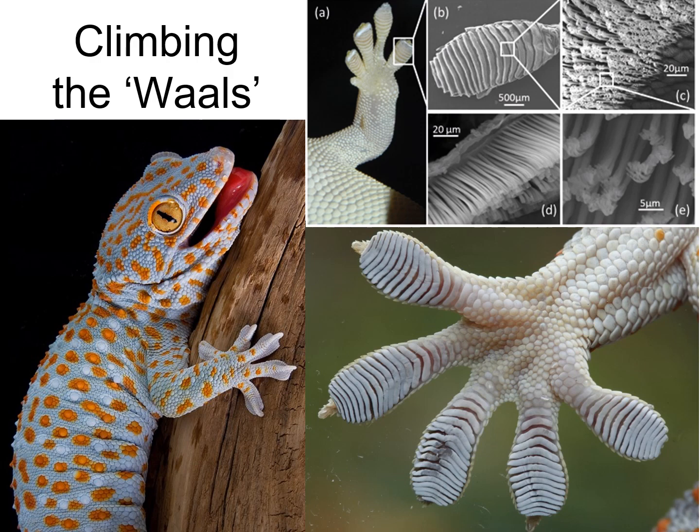So if you take a look at the foot of a gecko, there's ridges, and on those ridges there's folds, etc. And ultimately very, very fine hairs. And those hairs result in a very, very large surface area over which van der Waals forces and hydrogen bonding can occur with the glass and other smooth surfaces that they climb across.